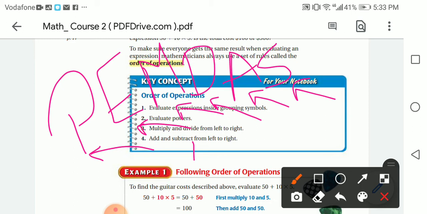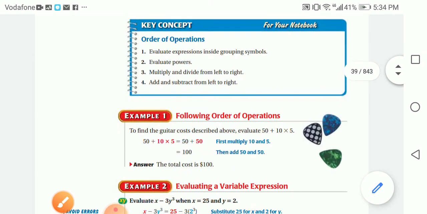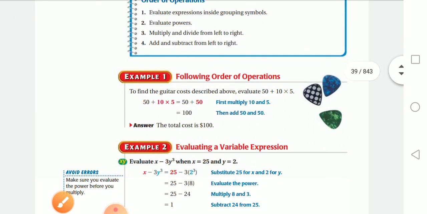So parentheses between brackets, exponent, the power, example 2 to the power 3, multiplication, division, addition, plus, and minus for subtraction. Okay, I will write it down again. Follow the order of operations.